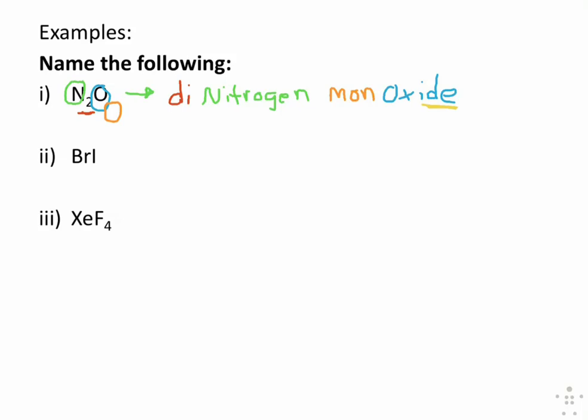Next example down, we have Br. No subscript here, so there's only 1 bromine. First element does not get a prefix, so we have bromine. And then I here tells us that we have iodine, but its ending gets turned into IDE.